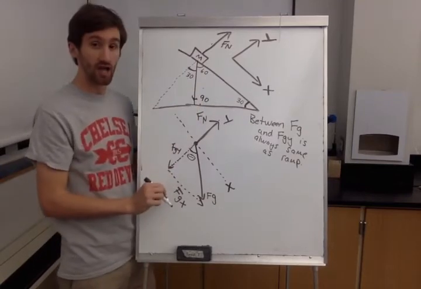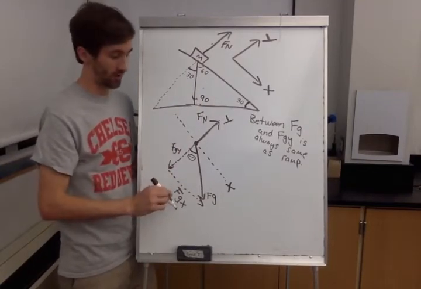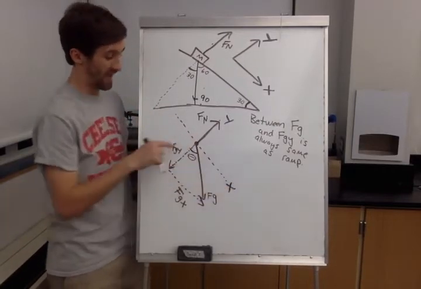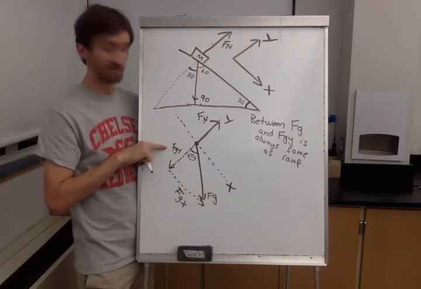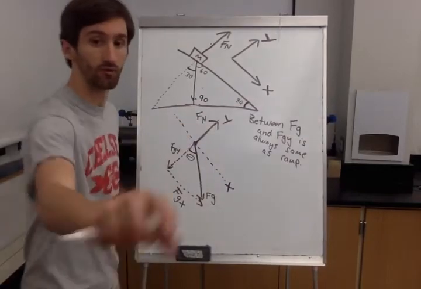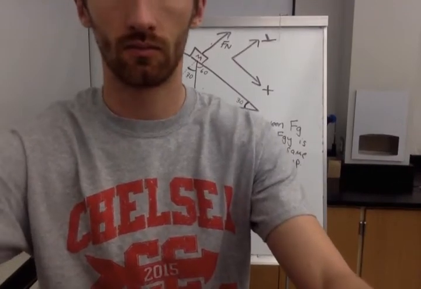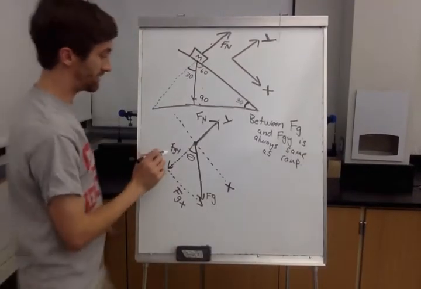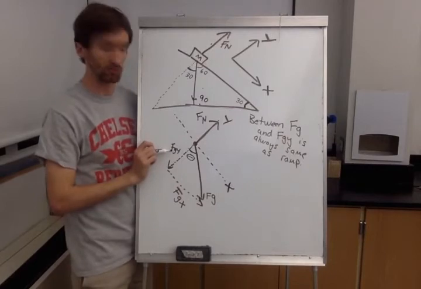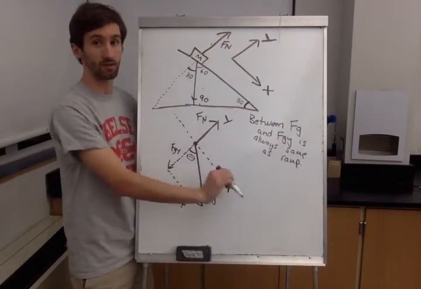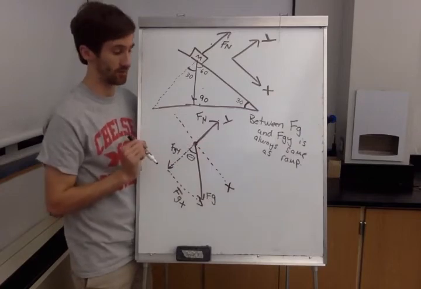And the FGX is the part of gravity that pulls it down the ramp. So the FGY is actually what creates my normal force, and the FGX is what causes me to accelerate down the ramp.